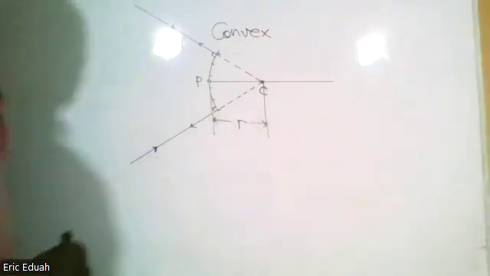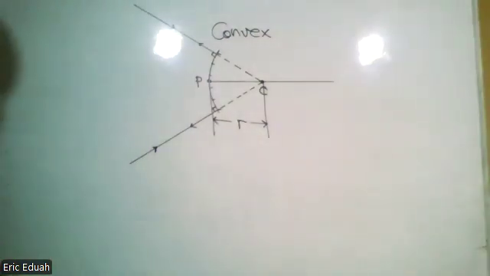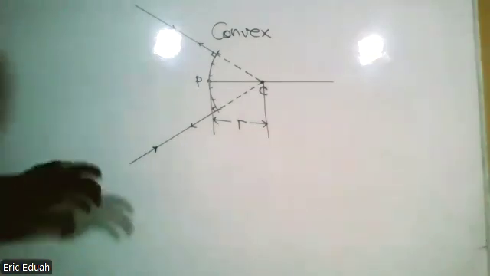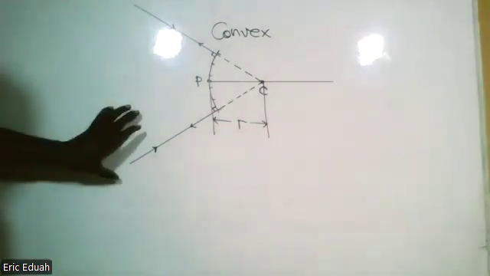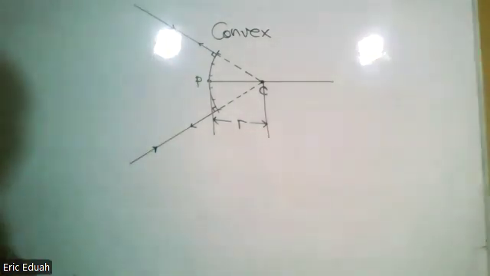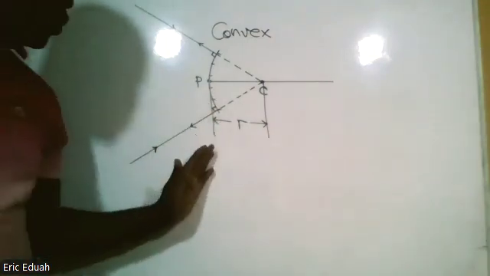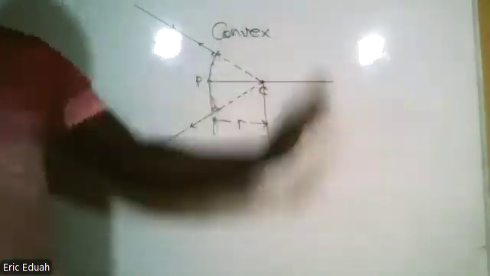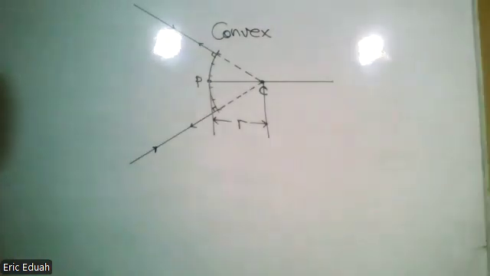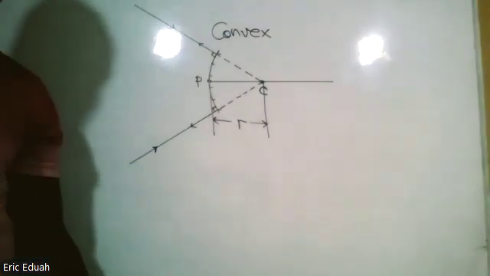This is R. So the most important thing is that the ray must hit the mirror at 90 and they will all appear to converge or pass through a point on the principal axis. We are done.